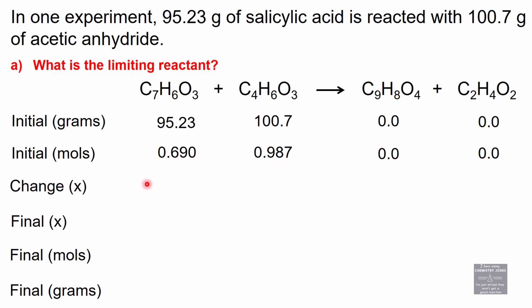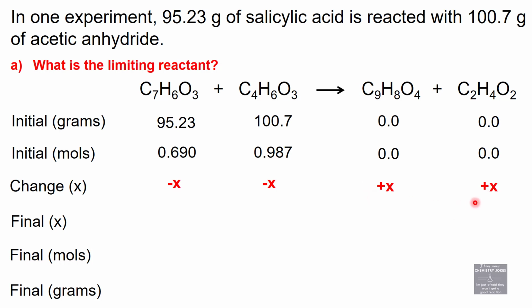And then here comes row x. That means how much do you gain or lose? So I'm going to say that I lose x amount from this. The reason I say I lose x amount is because there's an understood coefficient of 1 in front of here. So I lose 1x. I lose 1x. I gain 1x.